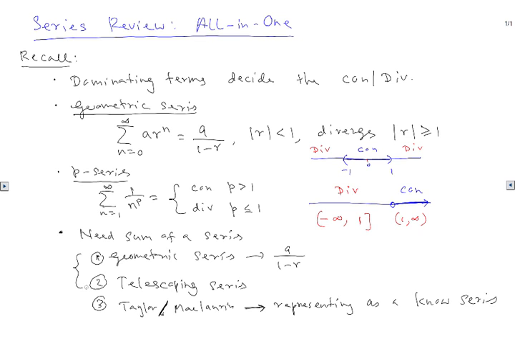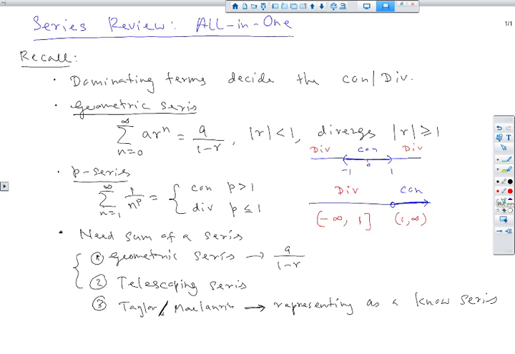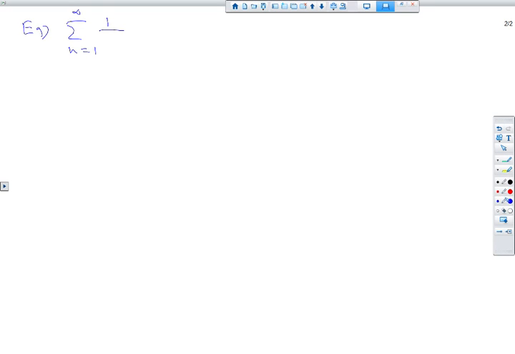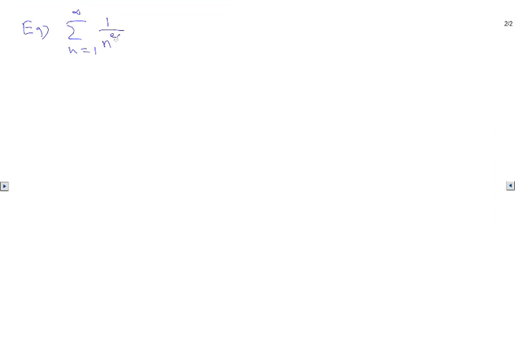Okay, so let's go through each one by one. Let's start with the first one. Let's look at this example: sigma n going from 1 to infinity of 1 over n to the e to the pi. Let's try it again. So it is n to the e to the pi. What do you know about e to the pi?